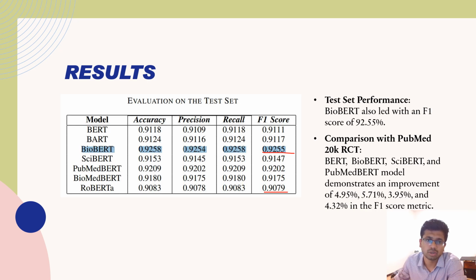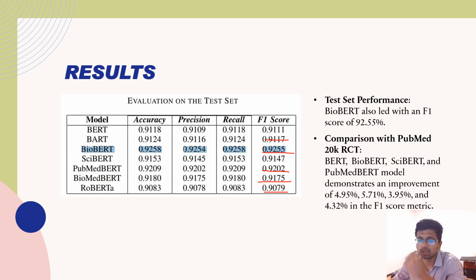Among all of these models, BioBERT is the one which performed the best in terms of F1 score, followed by PubMed BERT, Biomed BERT, and BART. BioBERT emerges as a top-performing model, likely due to the specialized training on biomedical data, followed by PubMed BERT and Biomed BERT.